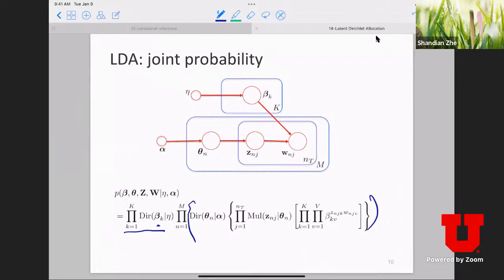For each document, you first sample the topic distribution, or topic mixture, through this Dirichlet distribution, and then you go through each word. For each word, you first sample the topic, and then given the topic and the word distributions for all the topics, you sample the observed word. So if you multiply it all together, it just gives you this form.